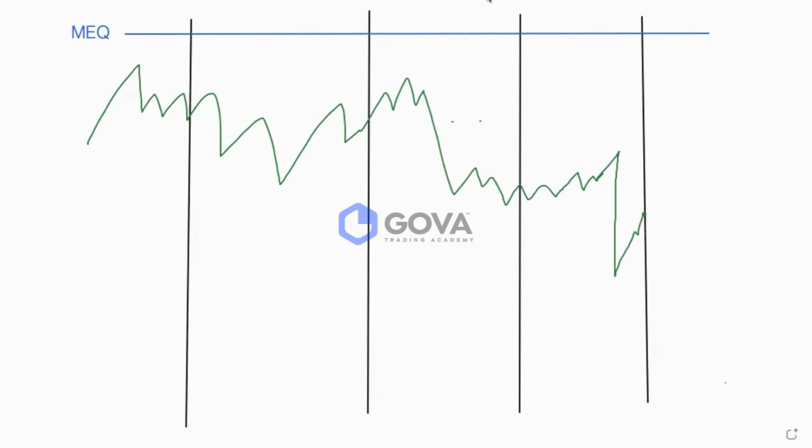And then the weekly EQ is here, which of course is a green line.